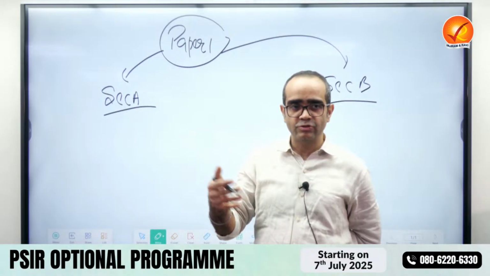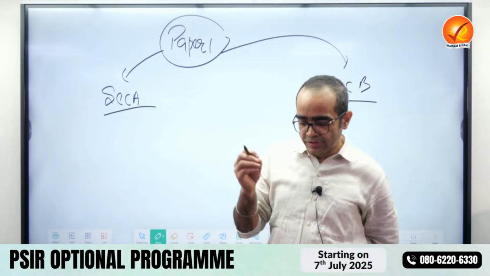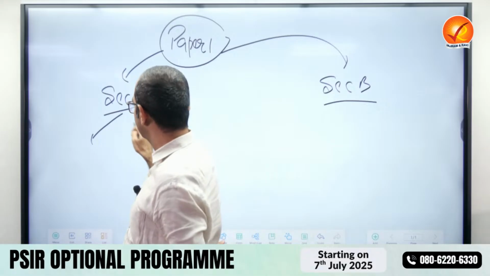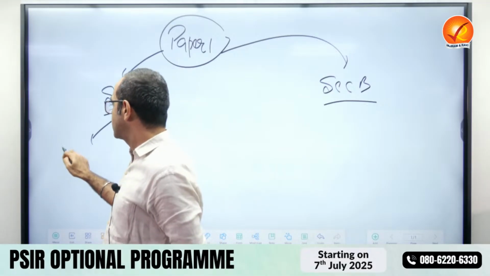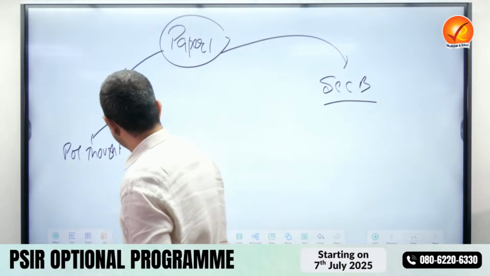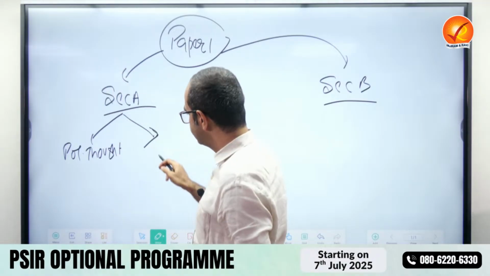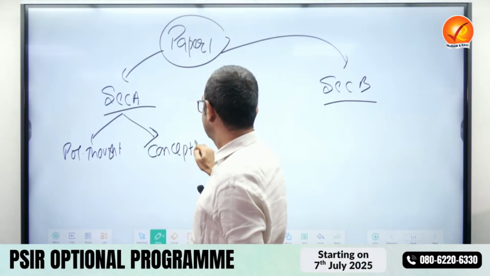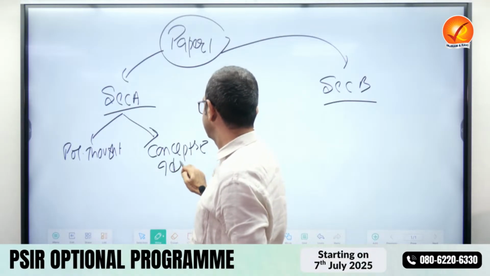I just made you go through that. For the sake of simplicity, we can divide section A into political thought and then concepts and ideologies.